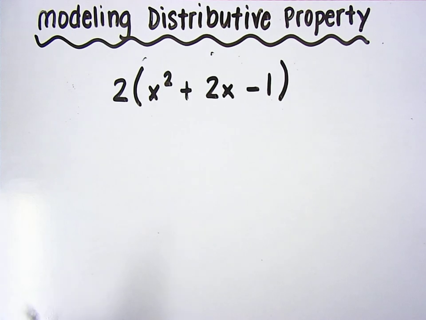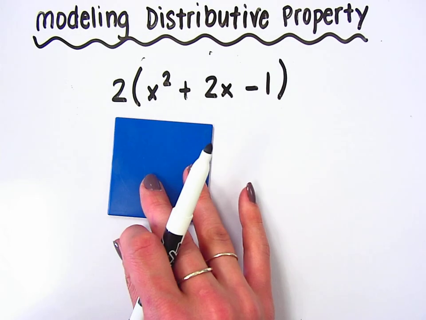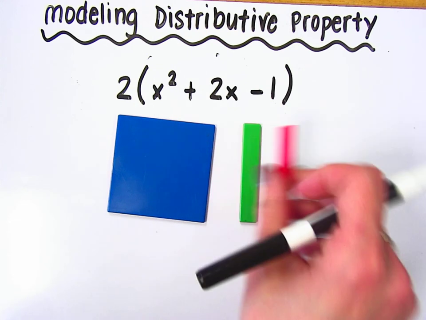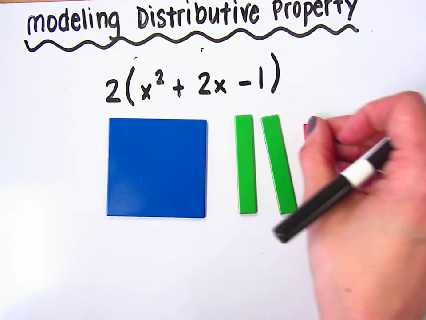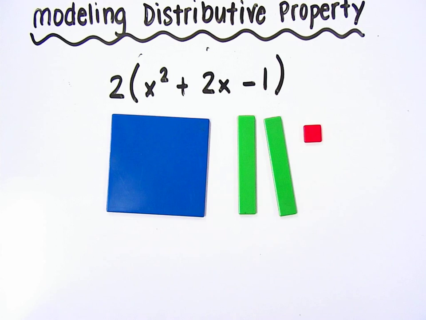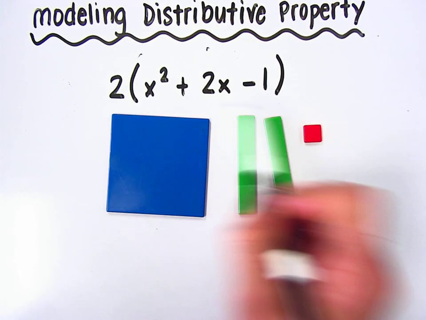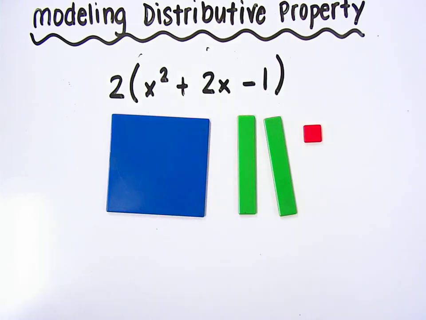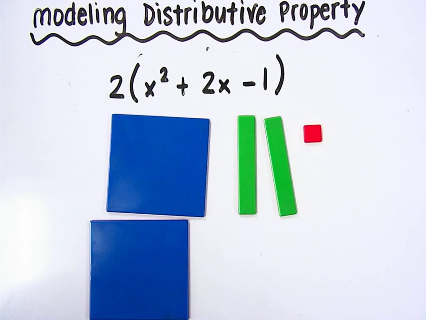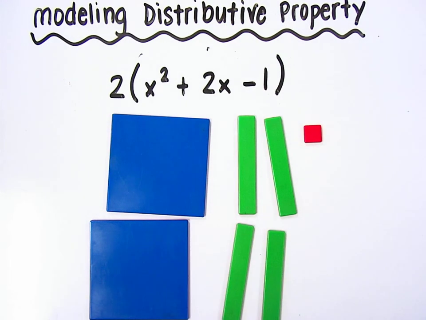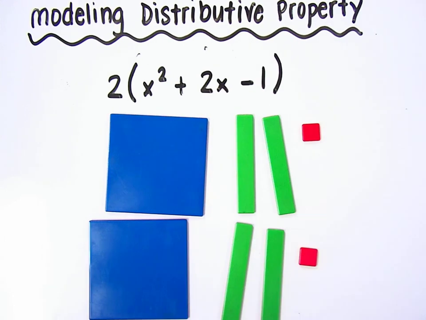So in this case, I have x squared plus 2x minus 1. And because I'm multiplying this by 2, I have to do that 2 times. So x squared plus 2x minus 1.